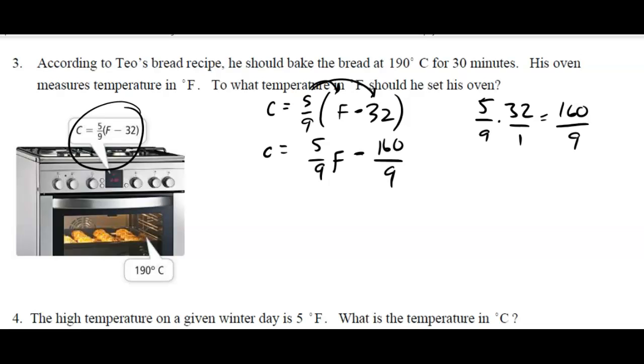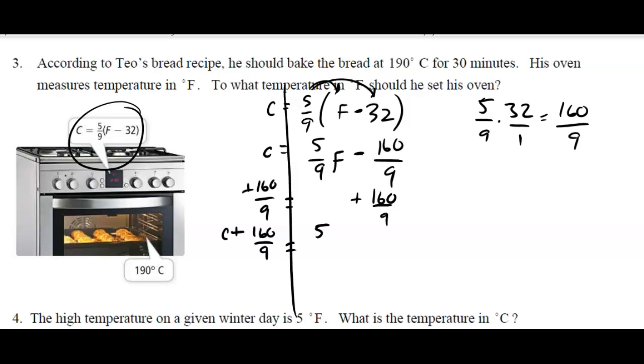So now I just got a two-step equation. We always add, okay, first. So we're going to add 160 over 9 to both sides. So that's what I got. C plus 160 over 9 equals my 5/9 Fahrenheit.